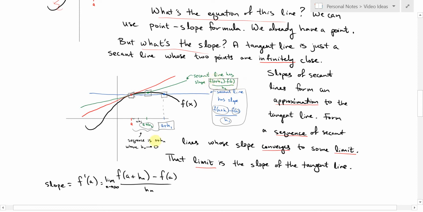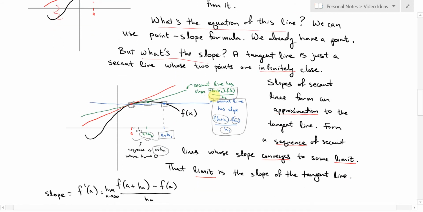And the point is that the sequence we're interested in here is a plus hn, something just a little bit to the right of a, where the hn's go to 0. So as n goes to infinity, this is getting closer and closer to our original point a. And that's kind of what I mean when I say that a tangent line is like a secant line whose 2 points are infinitely close. We're taking this second point of these secant lines and we're letting it run closer and closer to this original red point.